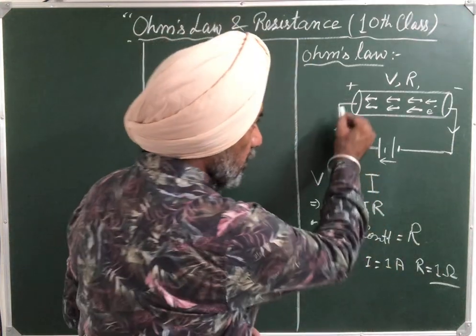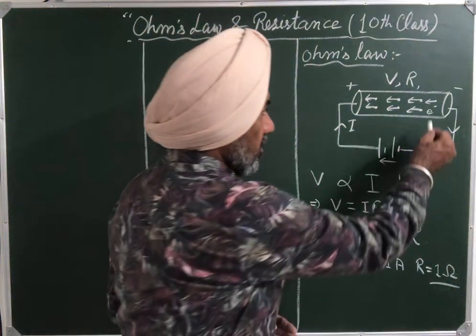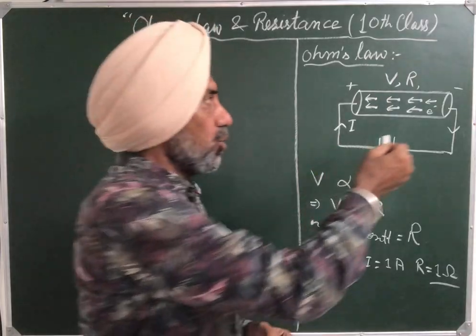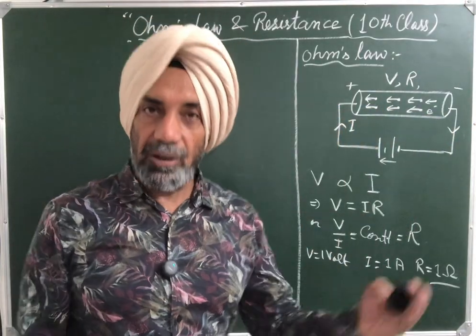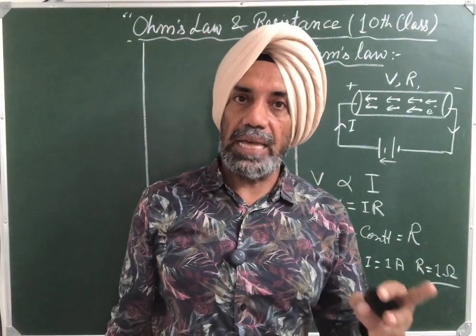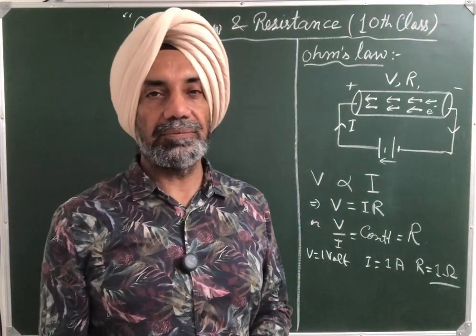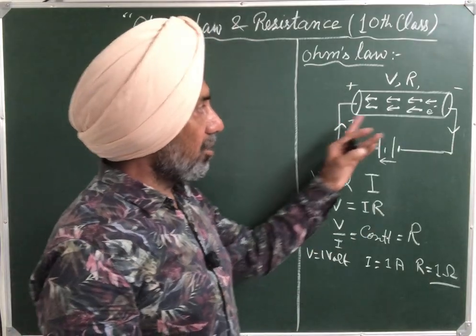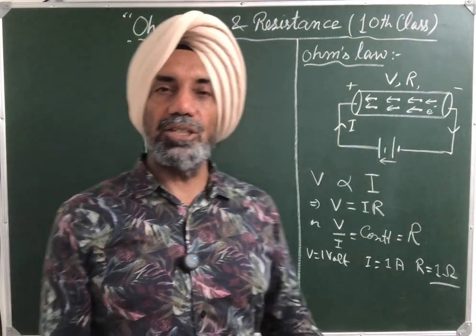But when potential difference is applied, each and every free electron of the conductor starts drifting toward the positive end in a particular direction. Now, it has to collide with the atoms or molecules of the conductor. At every collision, energy is lost.